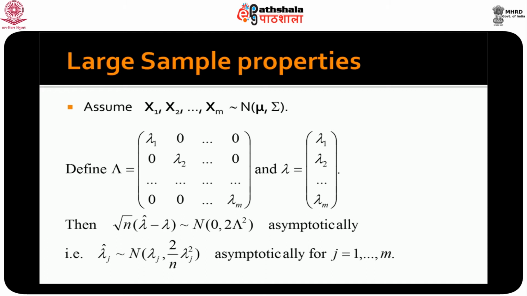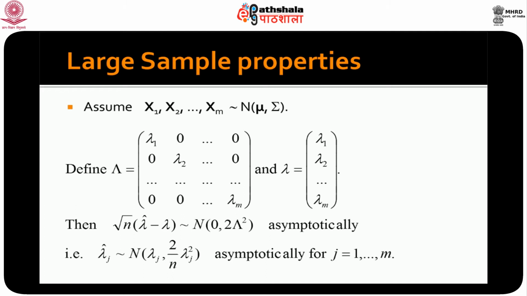So the distinction only is that capital Lambda is a matrix where the eigenvalues are on the diagonal, and the other lambda basically is a vector with the same eigenvalues. Okay. Now we can show that root n (lambda hat minus lambda) is asymptotically normal with mean 0 and variance twice capital Lambda square.